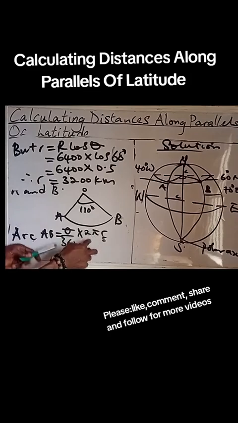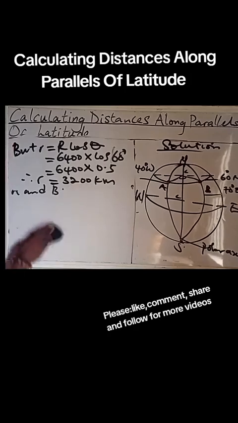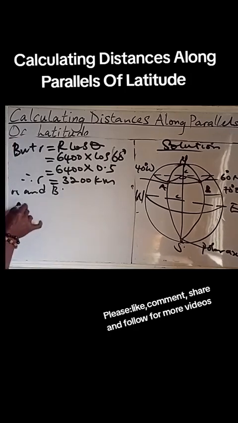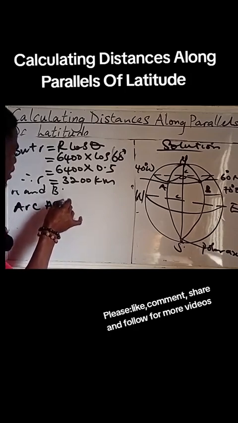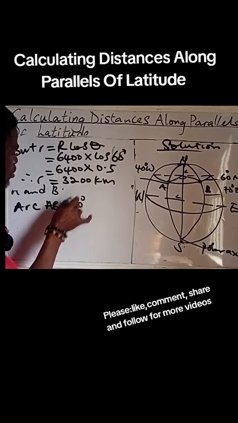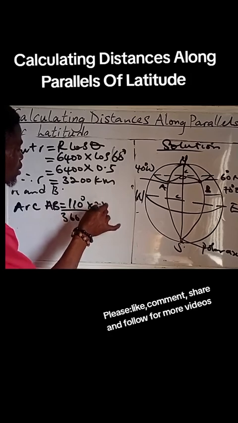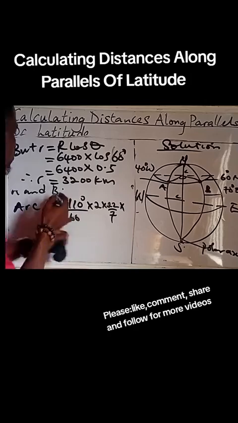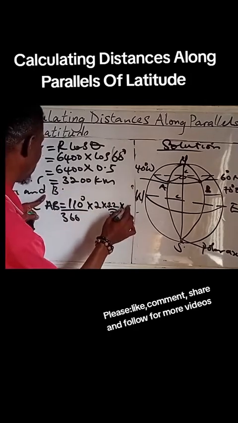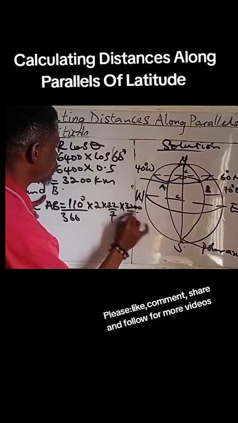After that, you can come back here and calculate this arc AB. Theta now is 110 degrees divided by 360, then times 2 times 22/7, then times 3,200 over 1.